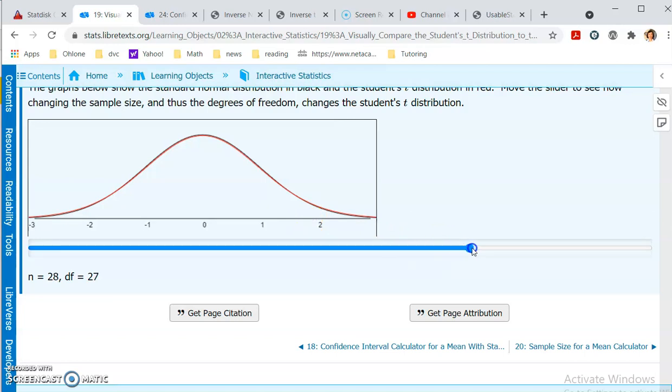Some people would say if you have a large sample size, you can just use S over square root n as if you are doing it with sigma. But when it is a small sample size, you can see that there's a big difference. The T distribution is sharper, but has a lower tail.